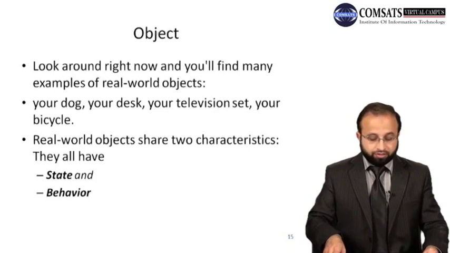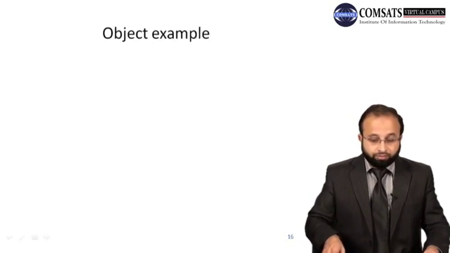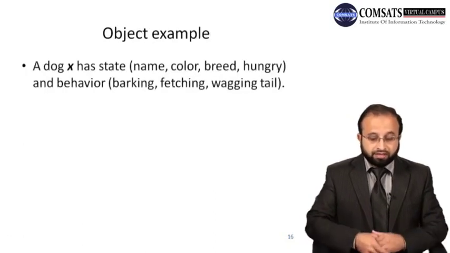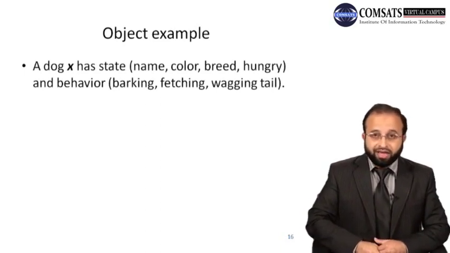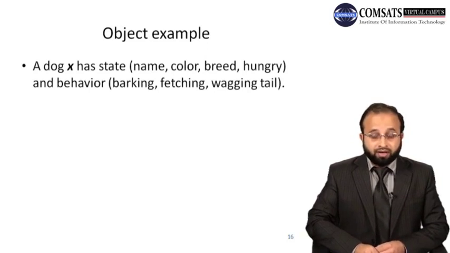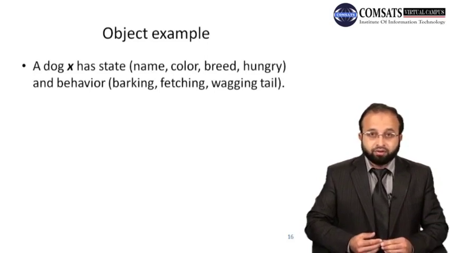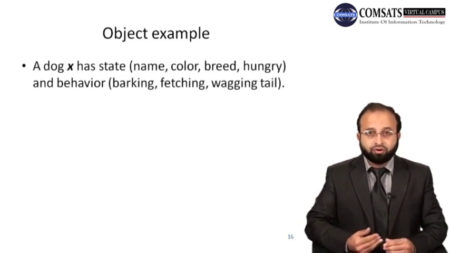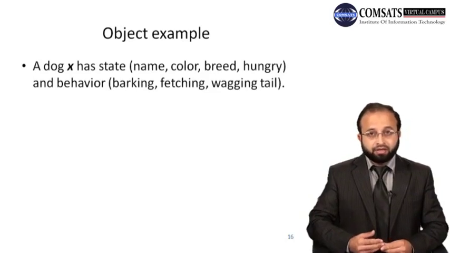Now let's look at what is a state or behavior. Object example, a dog X has state. A dog X is a particular dog, let's say my dog or the dog of my neighbor. It has some state. For example, it has a color, name, breed, or hungry, and so on. And it has a behavior.